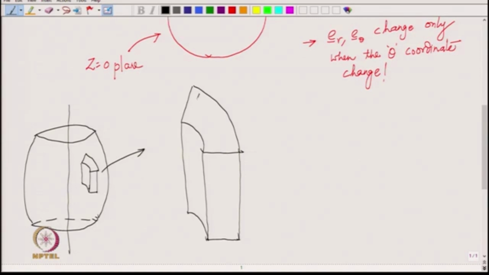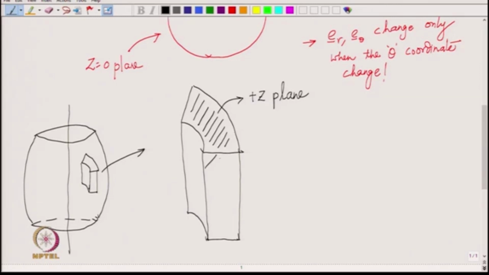And what can you say about this face? See the top face, what is the normal to this face? That is the z axis. So, therefore, it is the z plane or E z plane. So, this is the positive z plane, and the bottom would then become the negative z plane.